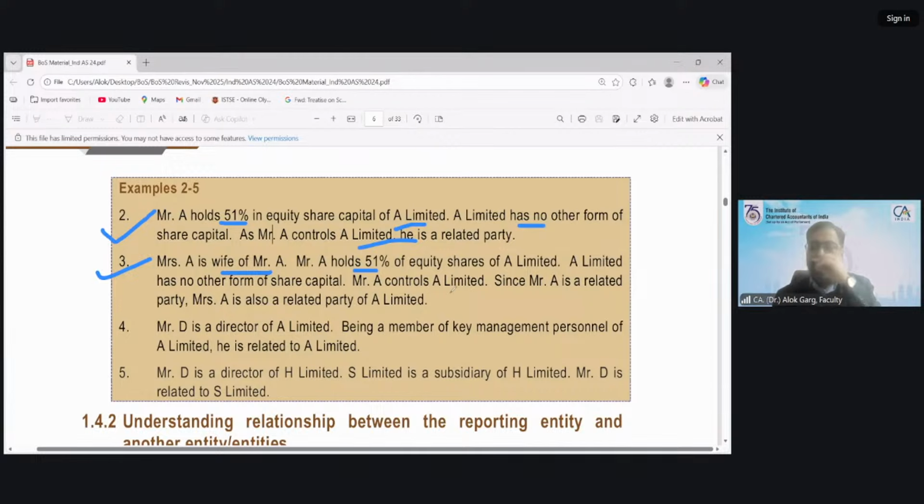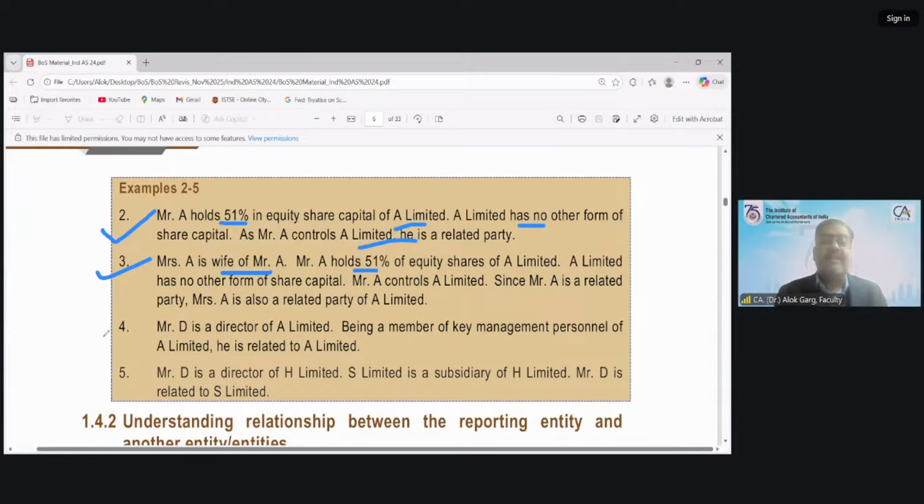So in a nutshell, if you have to remember: parents of that person are related parties. Spouse of that person will be a related party, and of course domestic partner as well. Sibling means brother and sister of that person, children of that person and the spouse or domestic partner, and the dependents of that person, spouse or domestic partner, right?